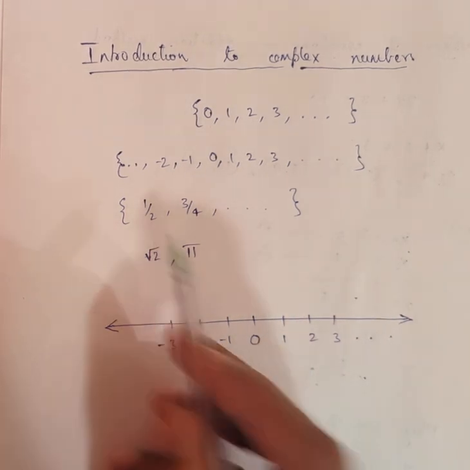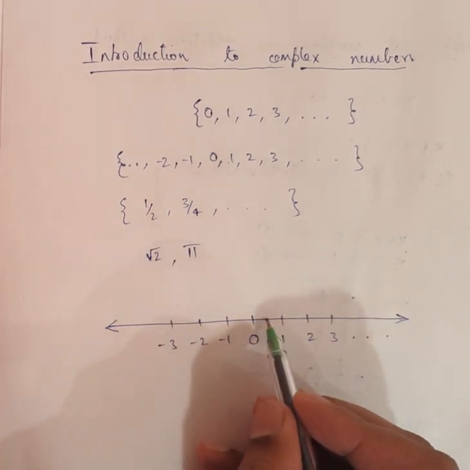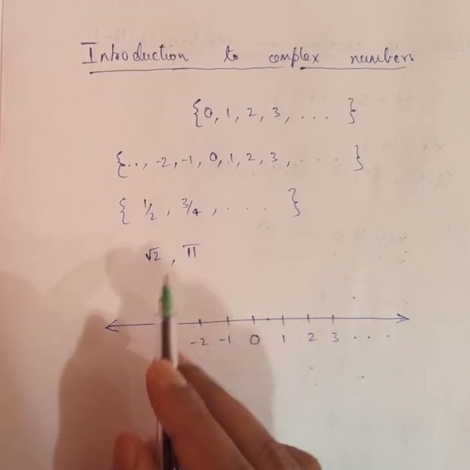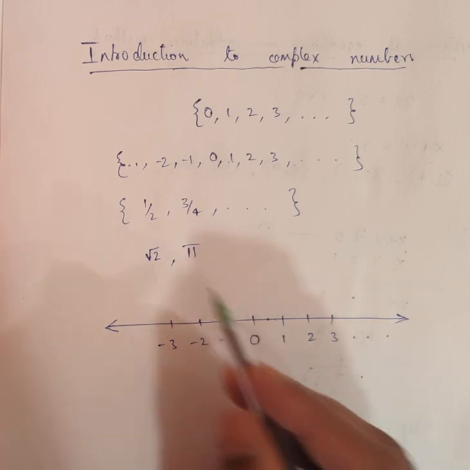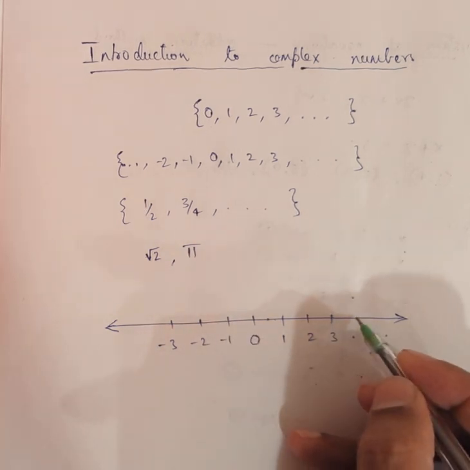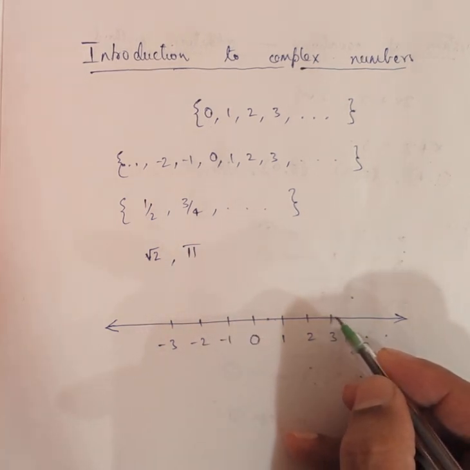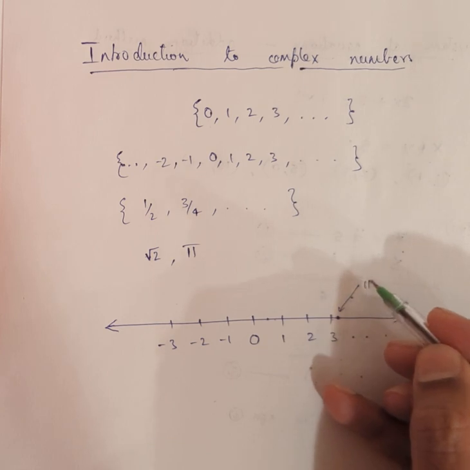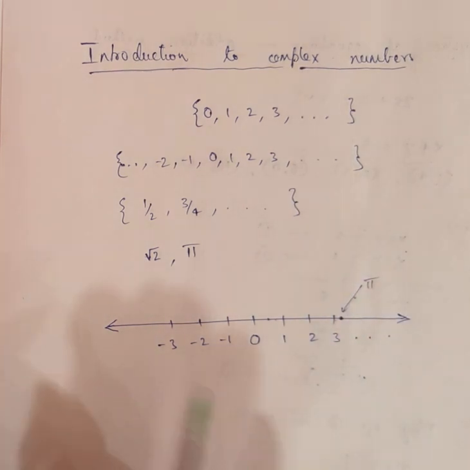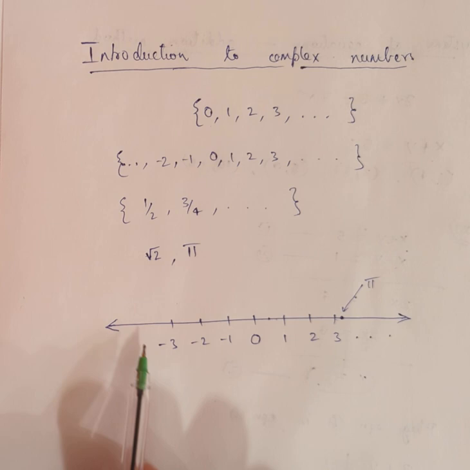So for example, half is in between 0 and 1, right in the middle. 3/4 is closer to 1. And pi is about 3.14, so it's more than 3, but less than 4. It stays close to 3. So these are all real numbers.